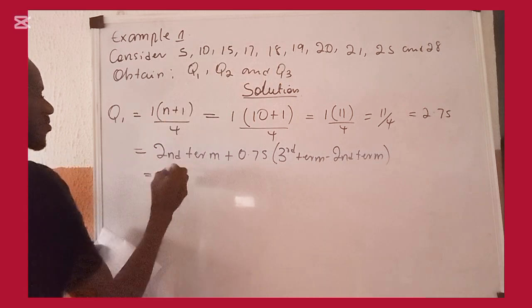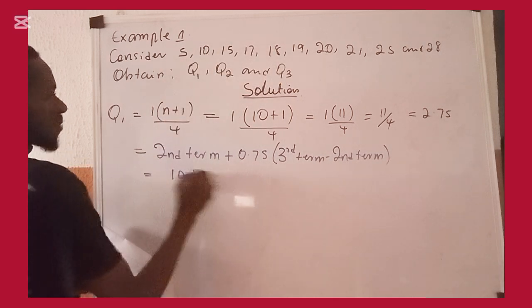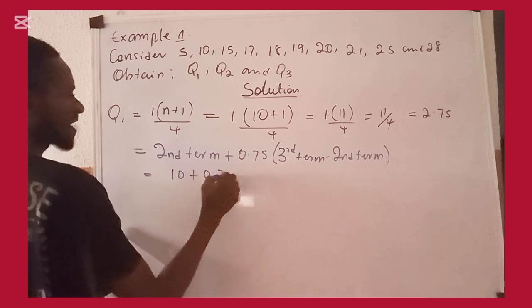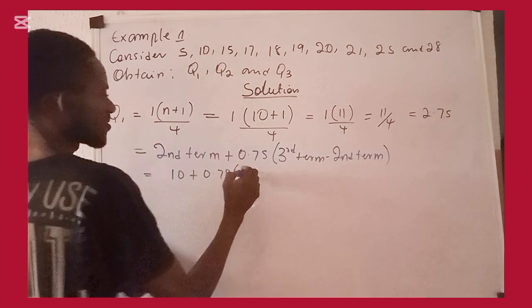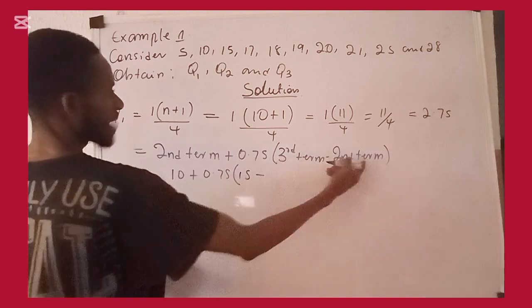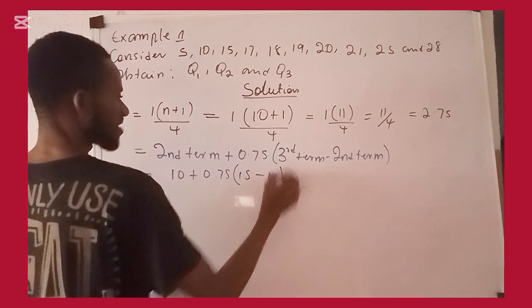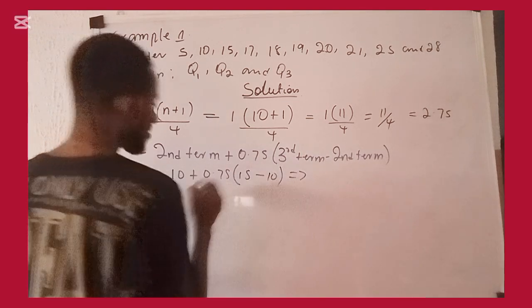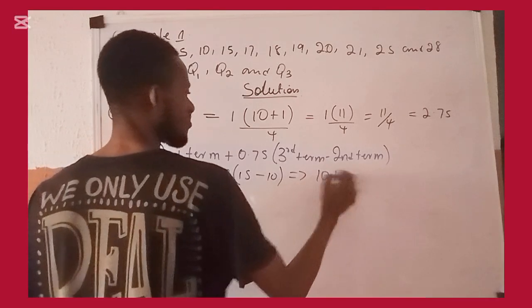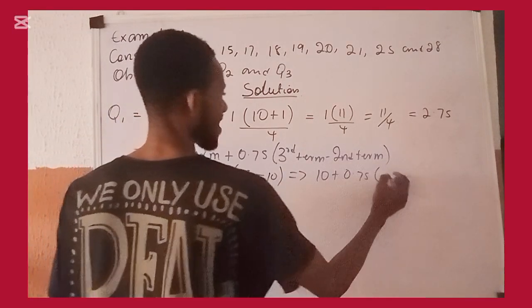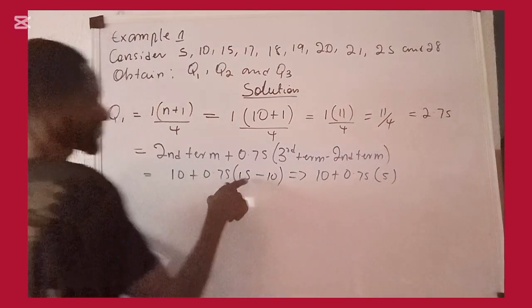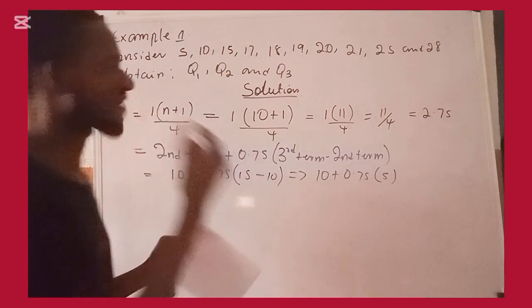What is my second term from this observation? It is 10. So I have 10 plus 0.75, open a bracket. My third term is what? 15. So I have 15 minus my second term, 10. This implies 10 plus 0.75 times, open a bracket, 5, that is 15 minus 10 is 5.